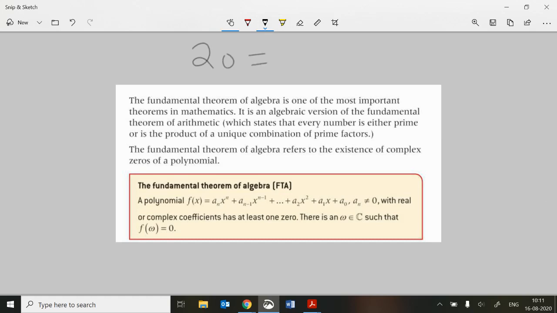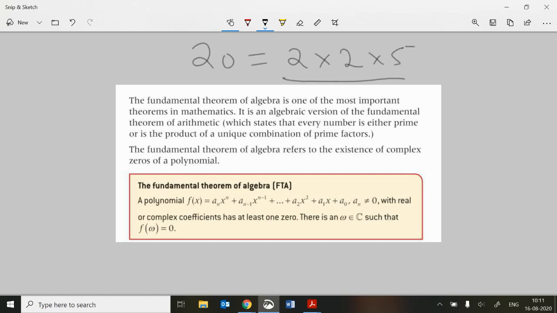It's like saying 20 is the same as 2 times 2 times 5, and there's only one combination of prime factors which go together to give you 20 as their product.